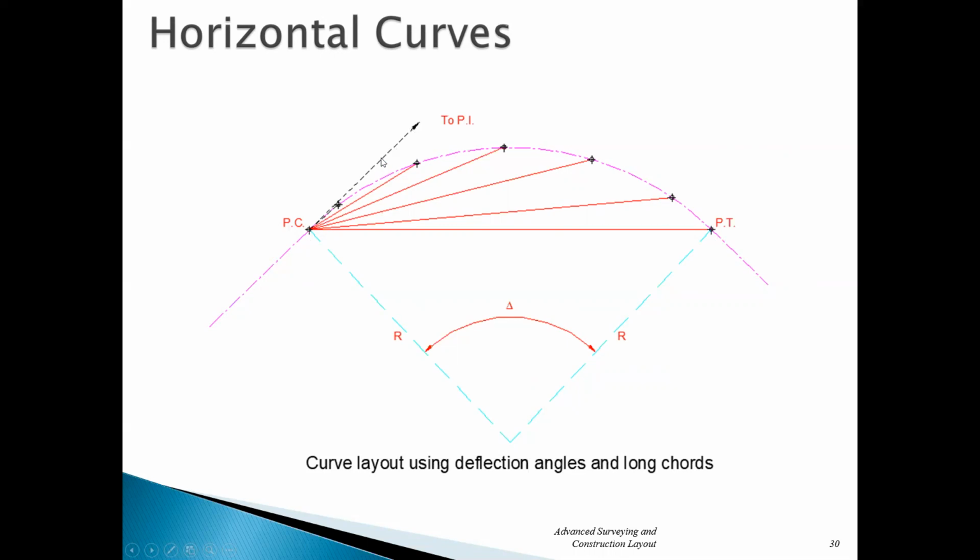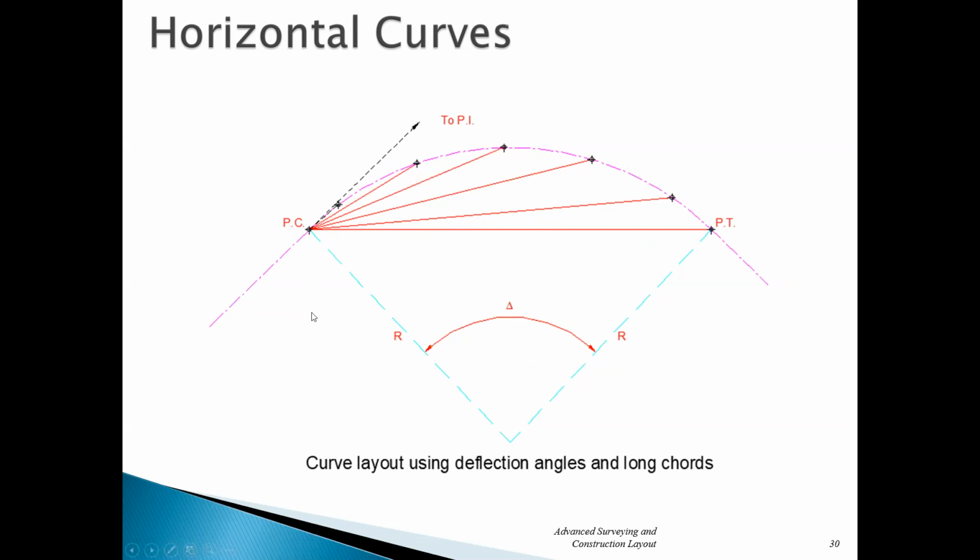The angle between the tangent line and the chord is called the deflection angle. Then you would have the next deflection angle, and the next, and the next. These angles increment.